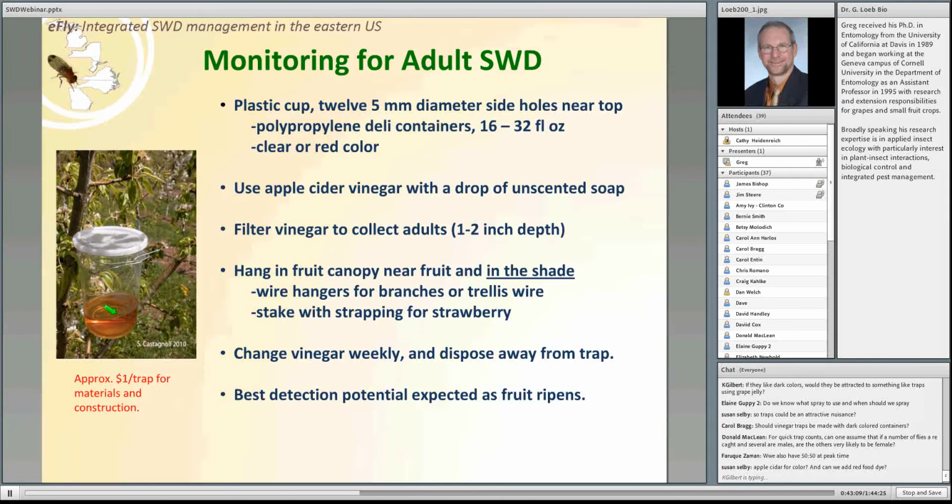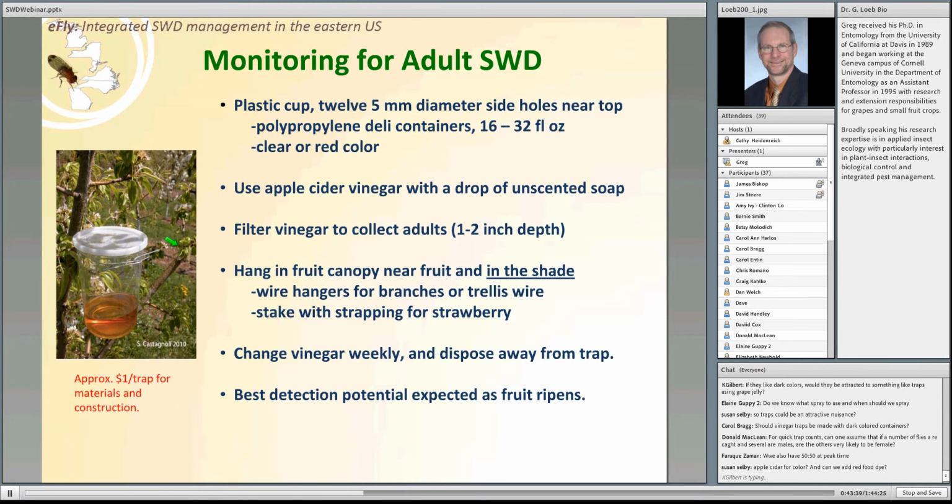These traps should be hung as much as possible in the shade. When we're putting these in trees, in raspberries that have trellises, in vineyards with trellis wires, or in blueberries on branches, we've been using wire hangers that we get from pheromone traps, shaping a circular area at one end, putting the trap down so it holds the trap, and then attaching the other end of the wire to a branch or something.